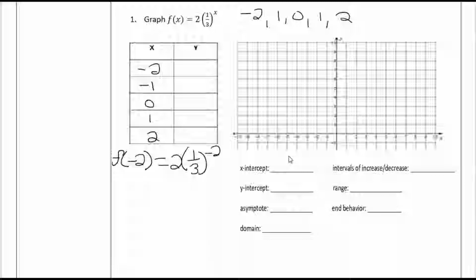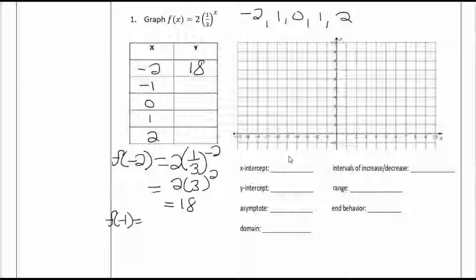Recall what the negative does. The negative exponent flips the fraction, so instead of 1/3, that becomes 3/1. So it becomes 2 times 3 to the second. 3 to the second is 9. 9 times 2 is 18. So this gives us 18. Now we're going to do f of -1.